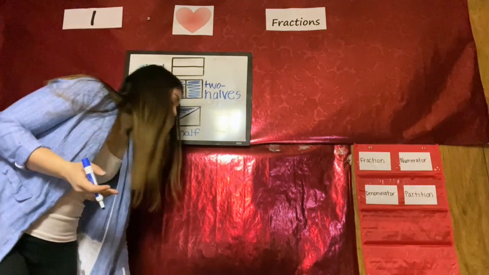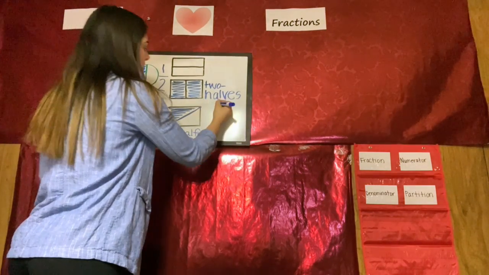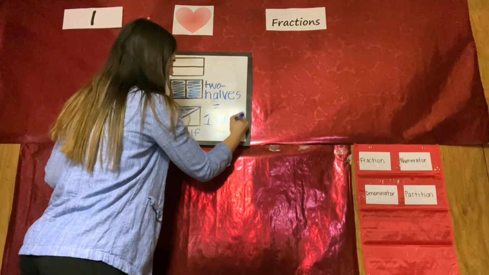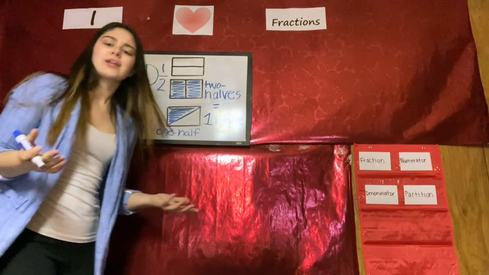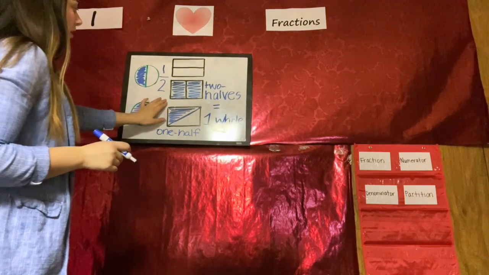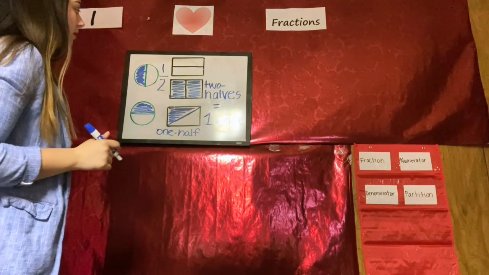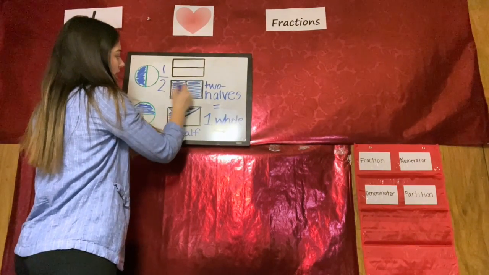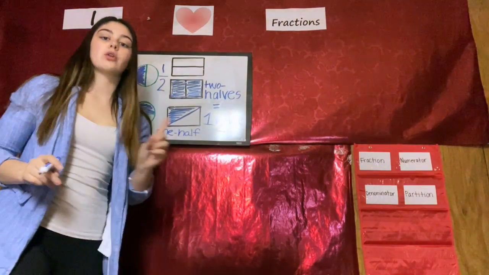So, we can say that 2 halves equals 1 whole. Why can we say that? Again, let's look at our rectangle. 2 halves are shaded. So now the entire rectangle is shaded to make one whole.